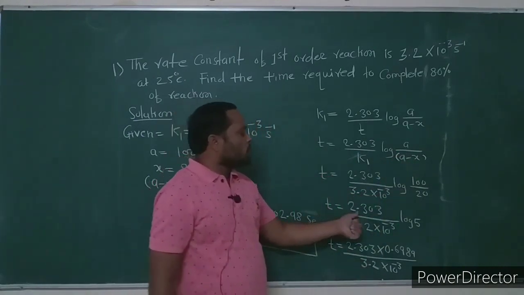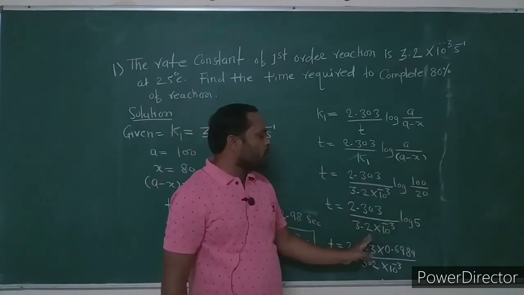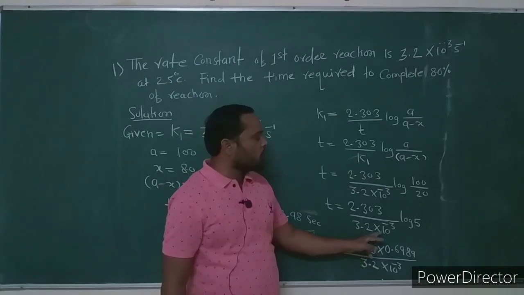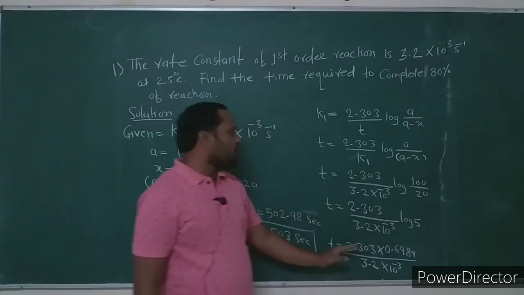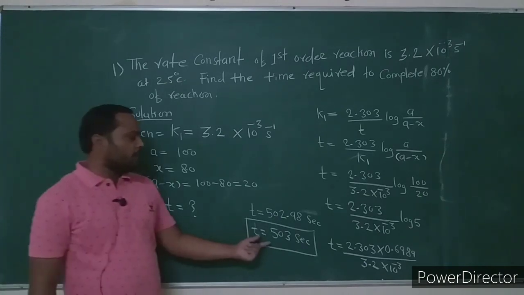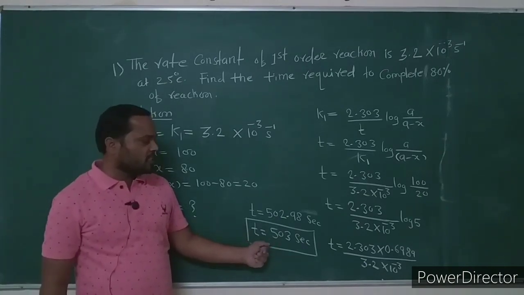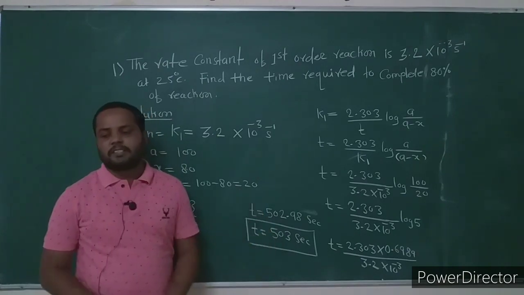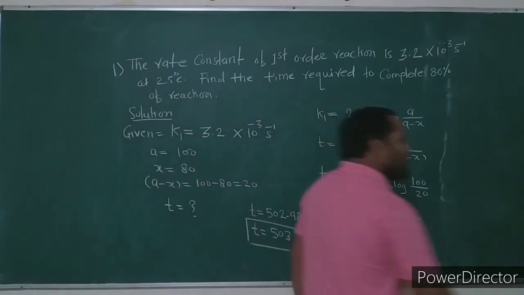Then T is equal to 2.303 into log 5 divided by 3.2 into 10 raised to minus 3. By solving this, the time required for completion of 80% reaction is 503 seconds. Then consider another problem.